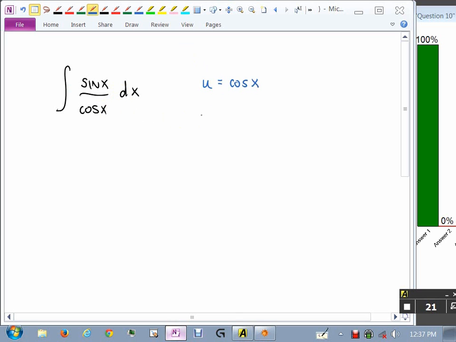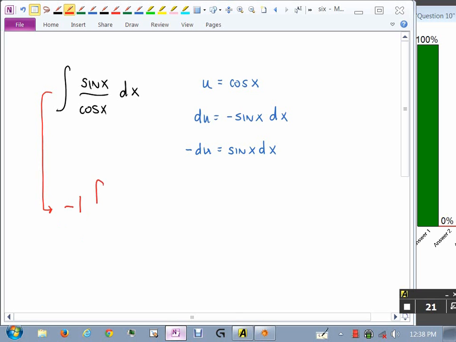Cosine x. du would be negative sine x dx, right? So I'm off by a sign. Negative du equals sine x dx. Help me out. How does this problem get rewritten? Negative 1, I'll put it outside.